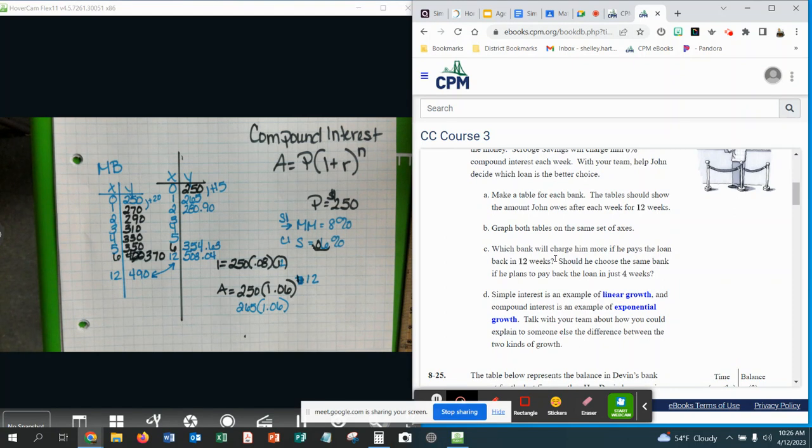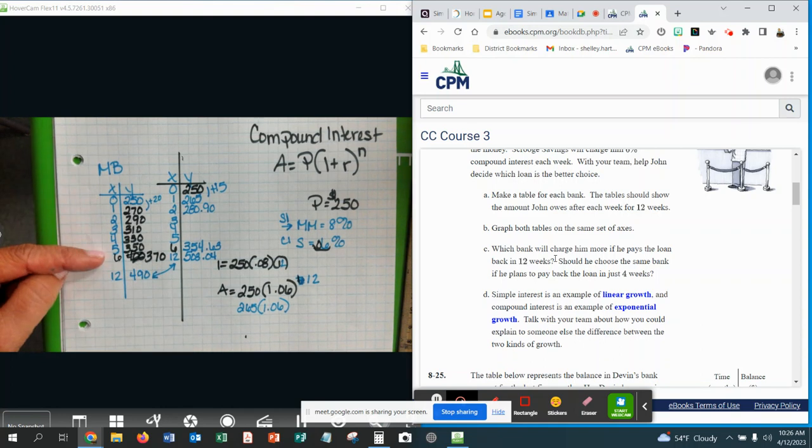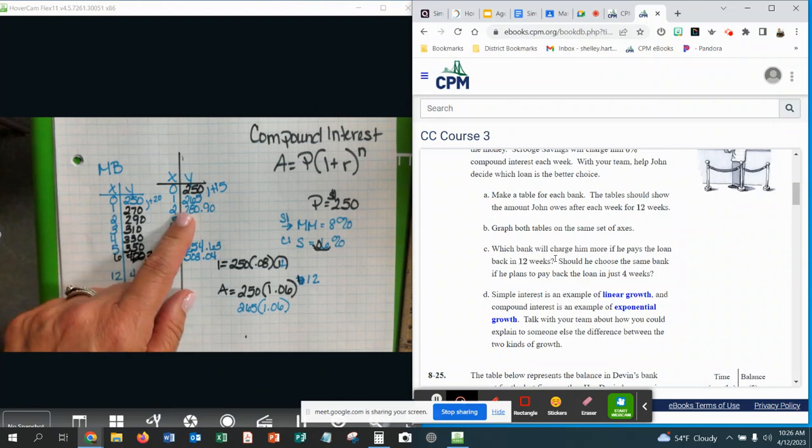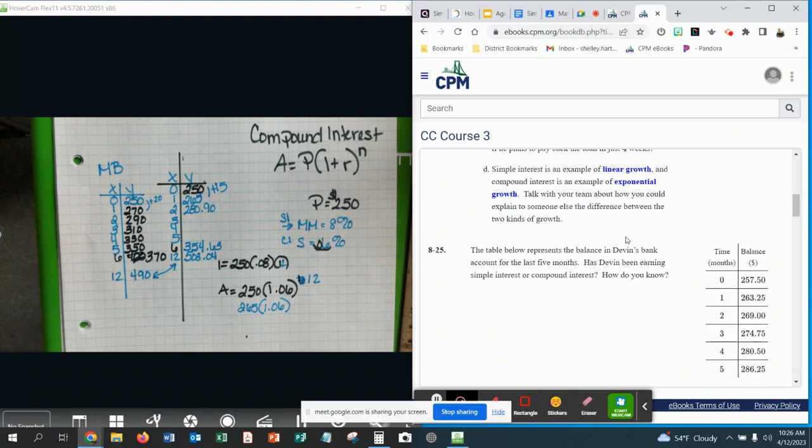Over a long period of time, 12 weeks is really when it gets higher, but if he was only to do a 6-week loan, you still pay $20 less with the compound interest than you would the simple. So I think it depends on when you decide to give that money back. Does that make sense? So I would do the compound in between these weeks, and then over time, if you have to spend more, I would get rid of it, right? I would do simple.